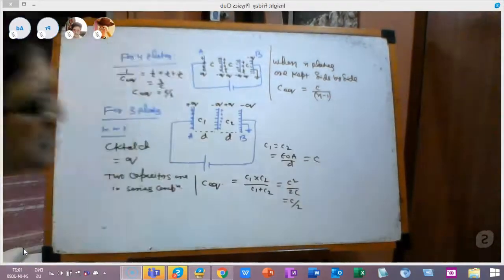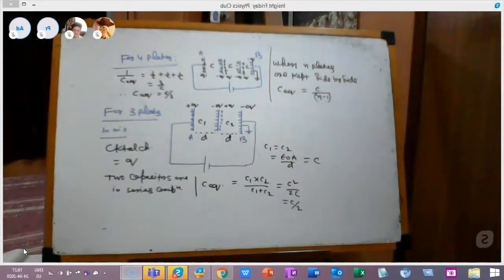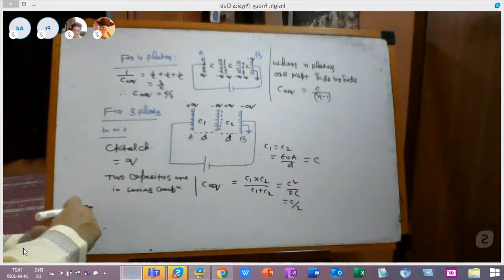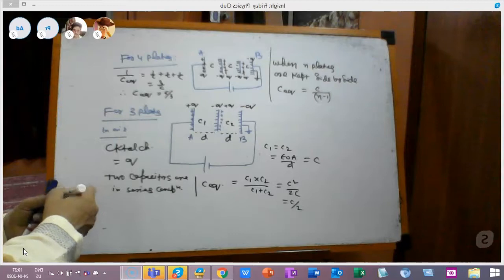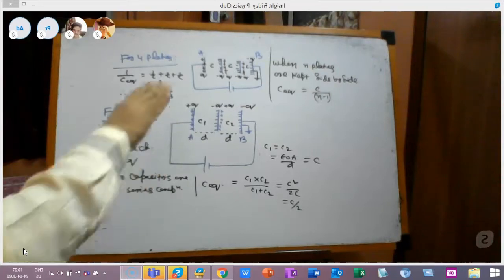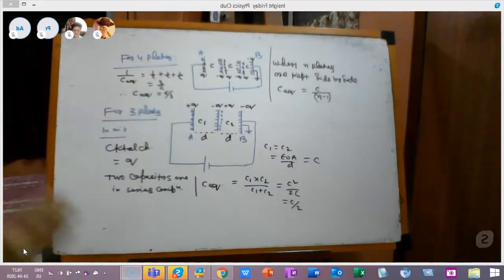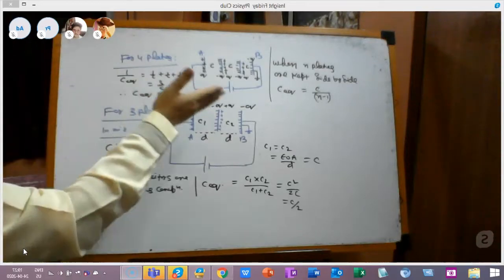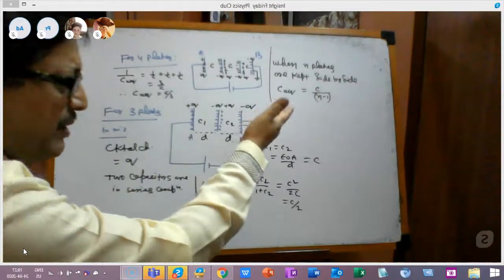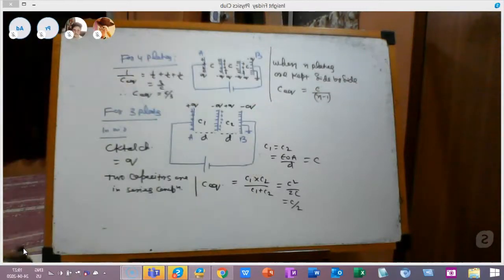It means simply when n plates are kept side by side, we will have n minus 1 capacitors in series combination. Their equivalent capacitance is going to be C by n minus 1. So for 5 it will be C by 4, for n it will be C by n minus 1.